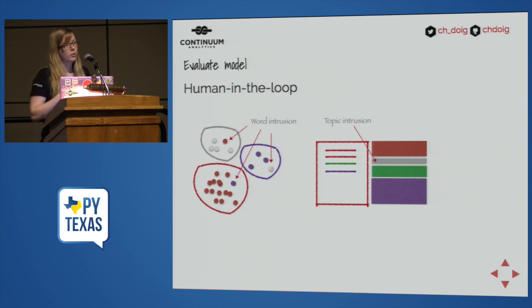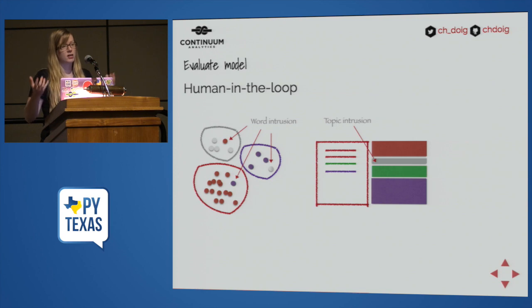If a human can relate those words together and is able to find the intruder, it means that your topics have some cohesion, that the words actually belong together. If a person cannot find that word intrusion, it probably means the words are just randomly assigned together and don't have any coherence.